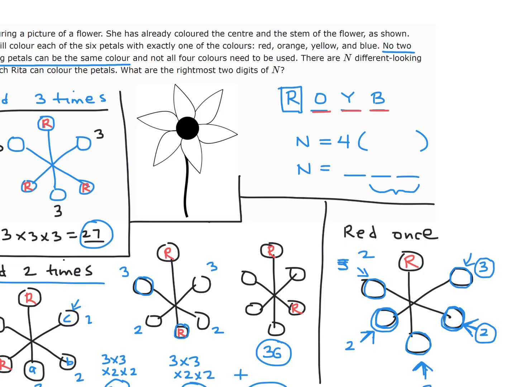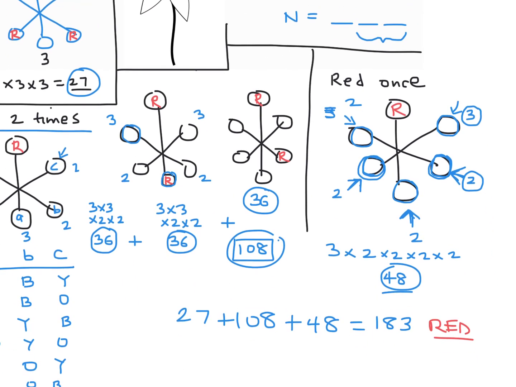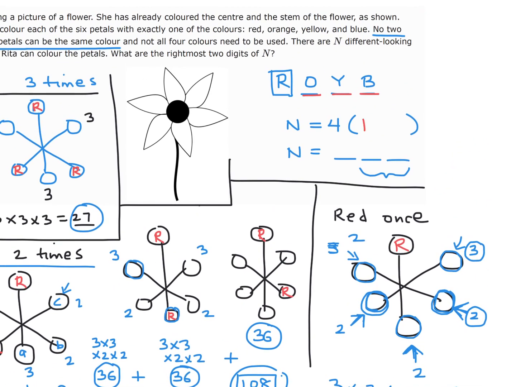So remember I said you'd have to multiply by 4. Well, the number we got was 183. So that's what goes in the bracket. Then you multiply by 4 because you'd have 183 for red, 183 for orange, 183 for yellow, and 183 such cases for the blue. And 4 times 183 is 732. And they wanted the rightmost 2 digits, which are 3 and 2. And 32 would be the answer.